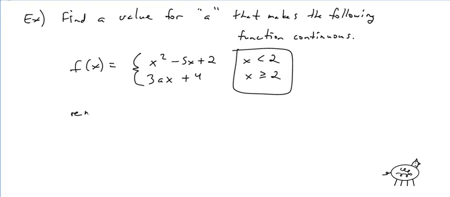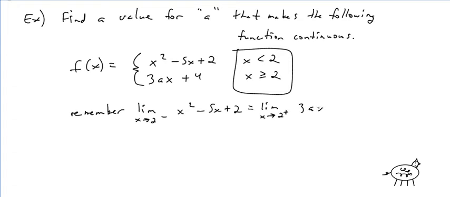Remember, the limit as x approaches 2 from the negative side of x squared minus 5x plus 2, when x is less than 2, has to equal the limit as x approaches 2 from the positive side of 3ax plus 4.